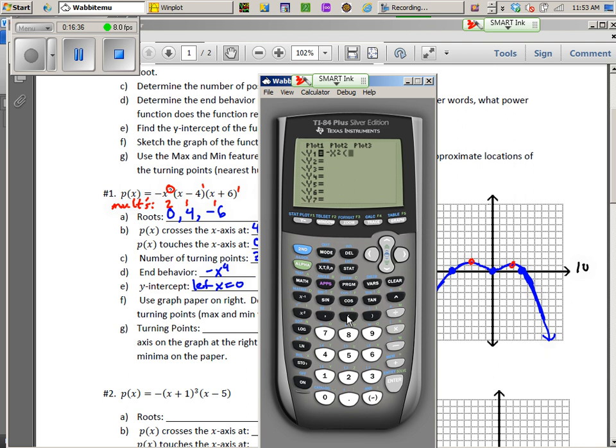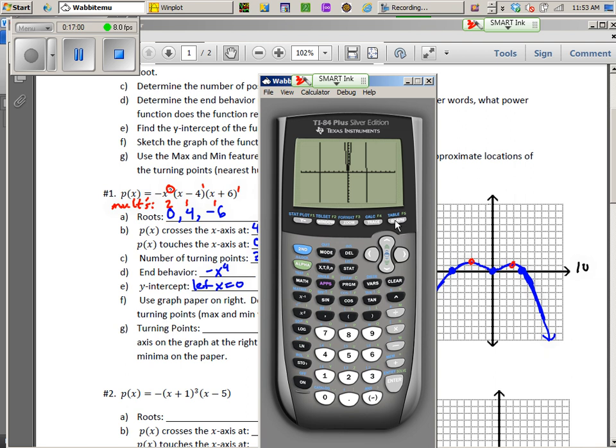You don't have to FOIL it out. Did anyone FOIL all the problems last night? Oh, I'm glad. Okay, that would be a real waste of time. Okay, type the function, and if you press graph and you have yours on Zoom Standard, that is not a very interesting graph.